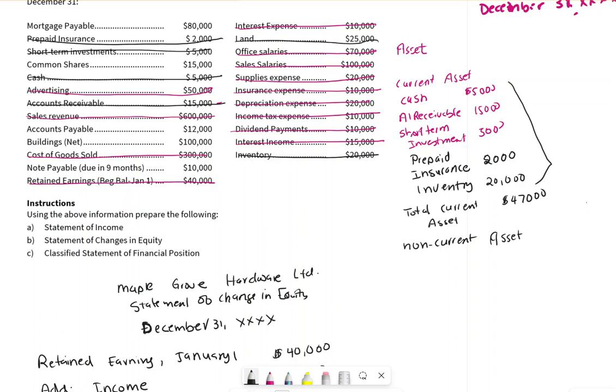So let's take it from here. We have a land is 25,000. So that's my land. And we have a building, and they told us the net amount, and it is 100,000. My building is my 100,000. So I don't see any other assets. So we are going to say total non-current assets.